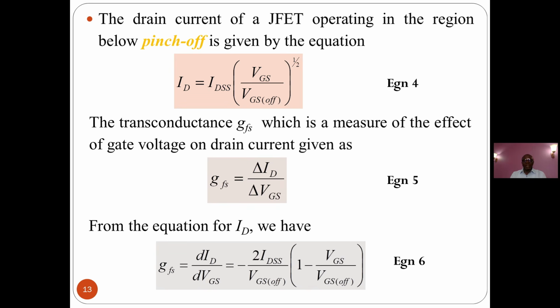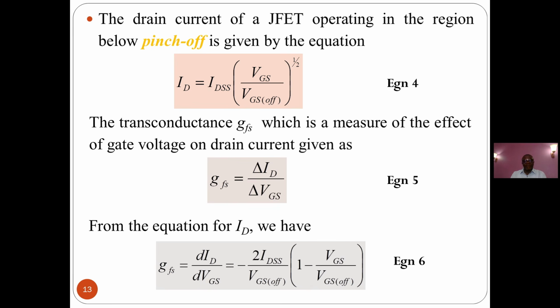If we manipulate that equation 3, it is given by the equation I equals I subscript DSS into VGS over VGS off, all raised to power half. Then we call that equation 4.